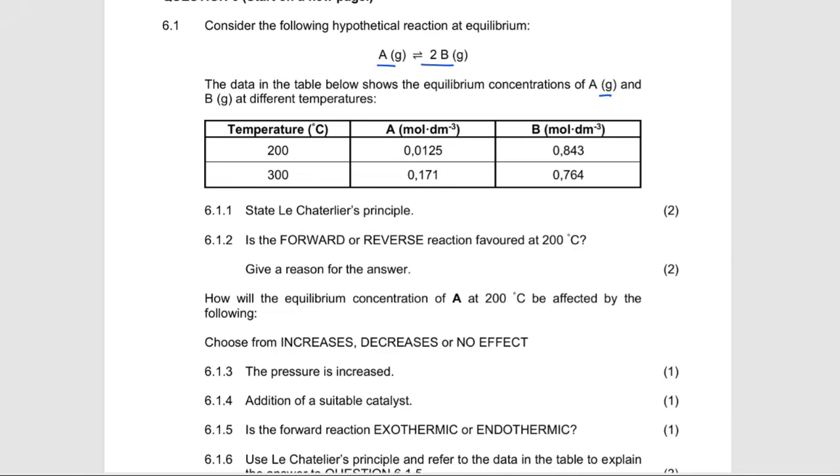When the equilibrium in a closed system is disturbed, the system will reinstate a new equilibrium.